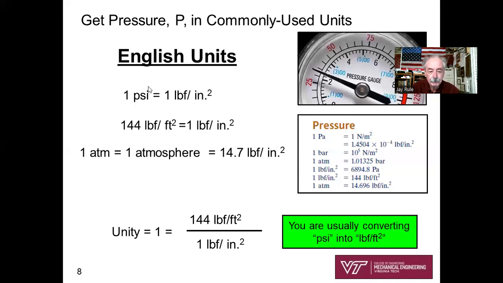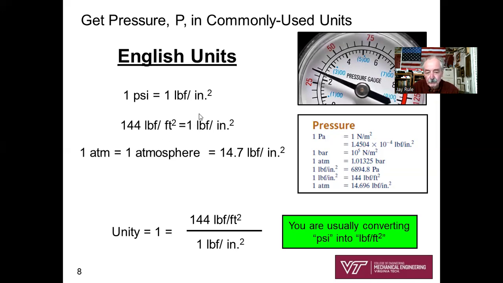Well, jargon, PSI. In the working engineering world, PSI is what we use. We rarely, if ever, write down pounds force per square inch, but these are synonymous. A PSI is a pound force per square inch. Now, let's look at the next very important conversion.